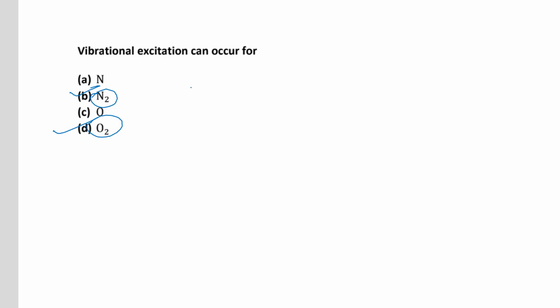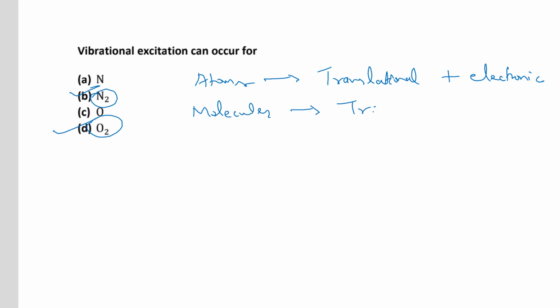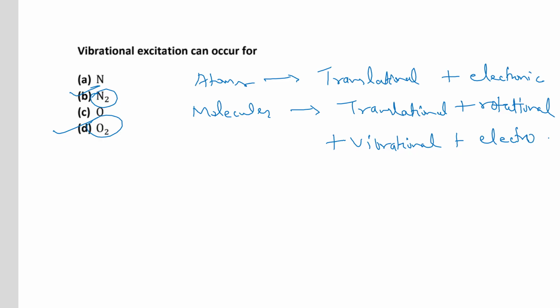We've already seen that for atoms there will be translational energy and electronic energy, and only for molecules there will be translational, rotational, vibrational and electronic modes of energy. So vibrational energy excitation can only occur for molecules.